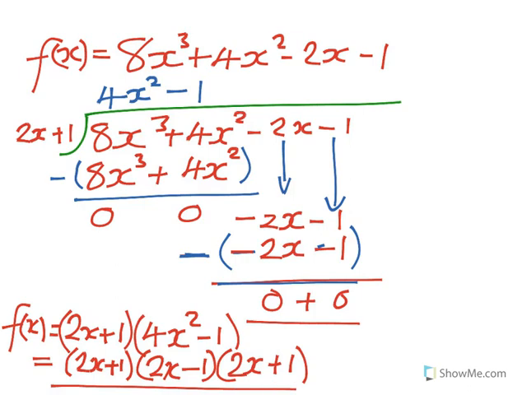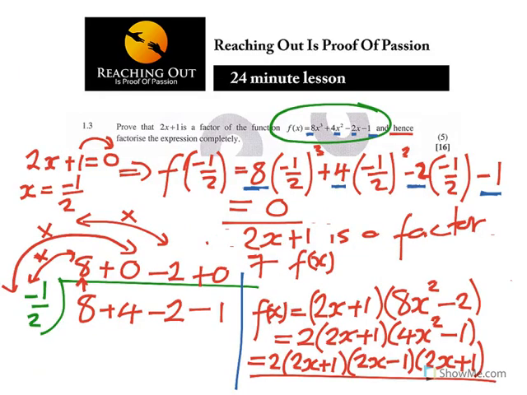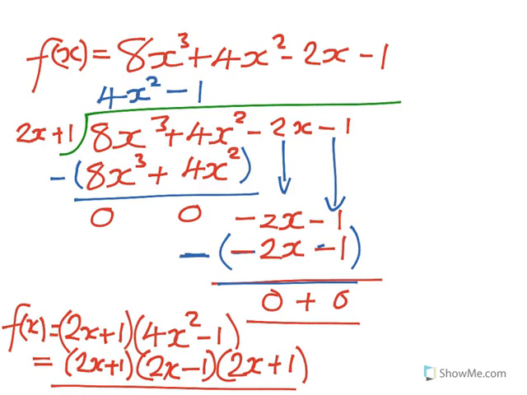So this is what we mean by factorizing, or finding. The question said factorize the expression completely. So it can be 2x plus 1 squared and 2x minus 1. It will still be f of x.